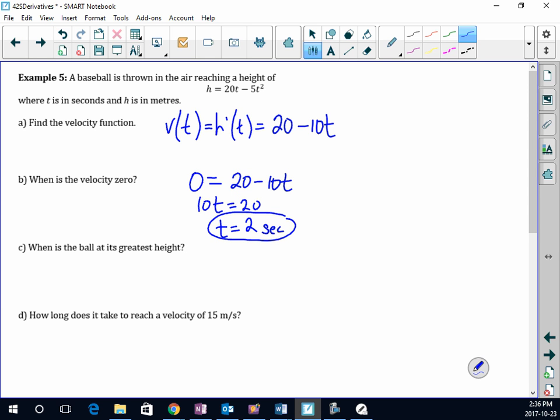When is the ball at its greatest height? That's where the slope would be 0. And so how would I figure that out? That would be the velocity is 0. Didn't we just do that?